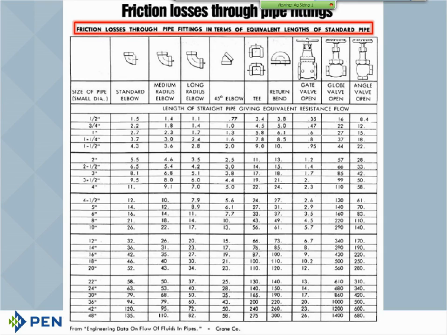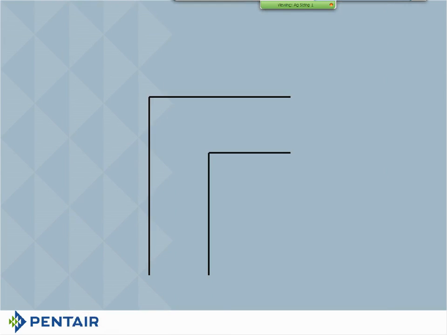So in other words, what we're doing is we're going to turn it into a straight piece of pipe. By the way, this page comes out of the B9020, which is the Berkeley Engineering Manual. And again, what you're doing is you're taking an elbow like this, and you're converting it to a straight piece of pipe. You're saying that this elbow is going to equal this many feet of straight pipe.